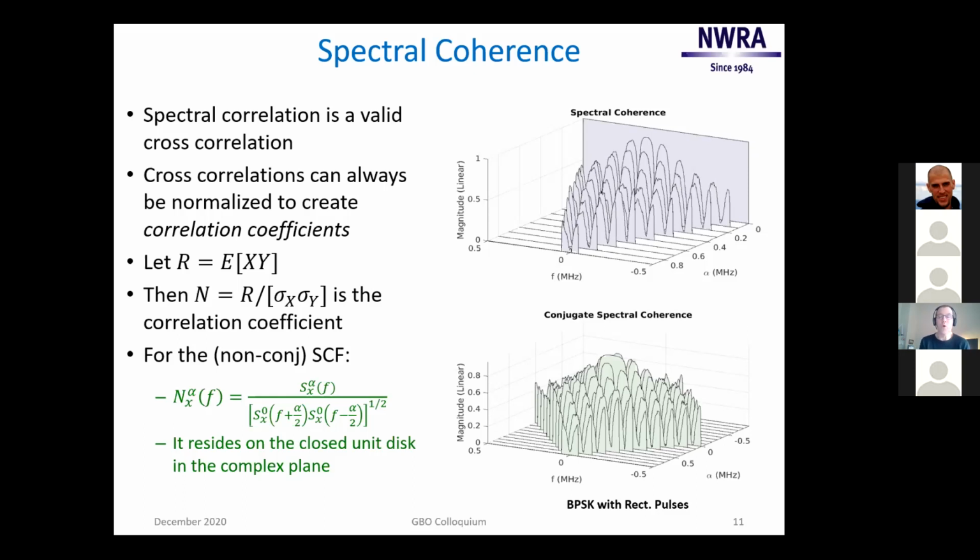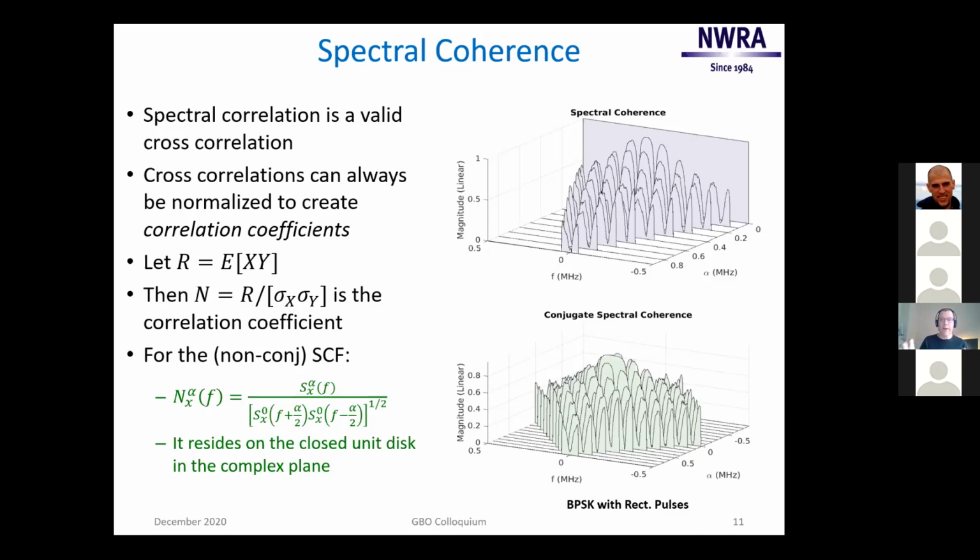Okay, so that's just a correlation coefficient, which I'm sure everyone's familiar with. And so when we do that, then it's called the coherence function, and there are many related coherence functions like this. This is the way we do it in CSP. And now this function, which is still a surface over the F alpha plane, can be easily thresholded.